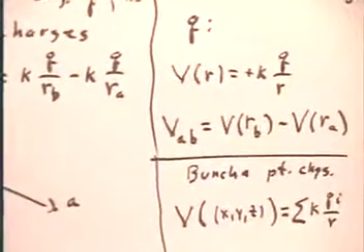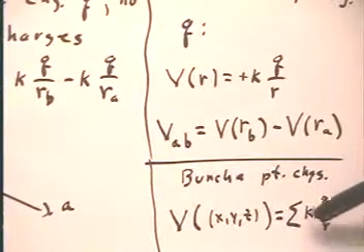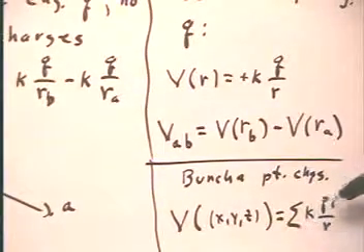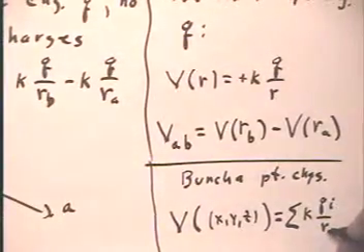If we have a bunch of point charges, then the potential function is just what we get when we add all the KQi over Ri. I should really have an R sub i here.